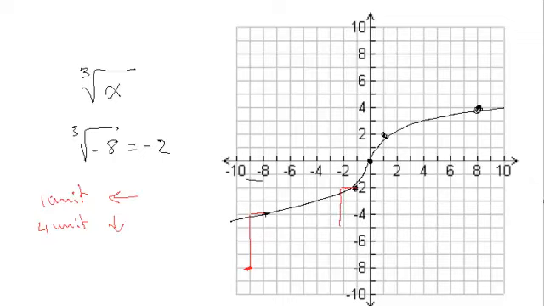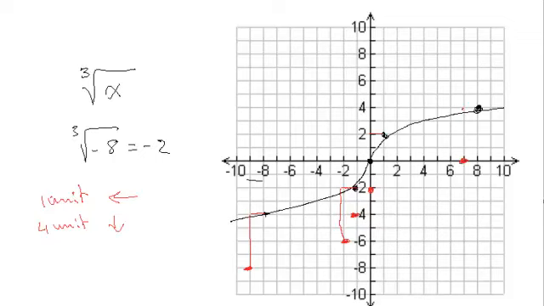This is the second point. We go for the 0, 1 unit left, 1, 2, 3, 4. This would be the third point. We go for the fourth one, 1 unit left, 1, 2, 3, 4. This is also another point. And here the last one, 1 unit left, 1, 2, 3, 4.